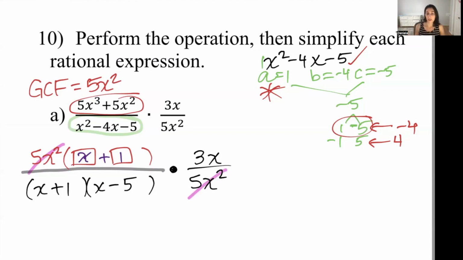And then stuff can also cancel vertically. So if you notice, this parentheses x plus 1 will cancel with this parentheses x plus 1. So the final answer is just what's left over. The top, you just have 3x, and the bottom, you just have an x minus 5 left.